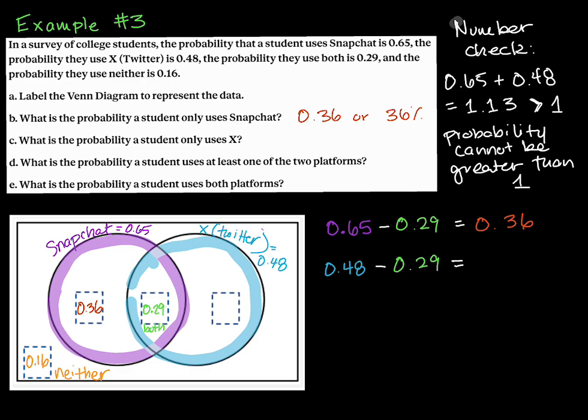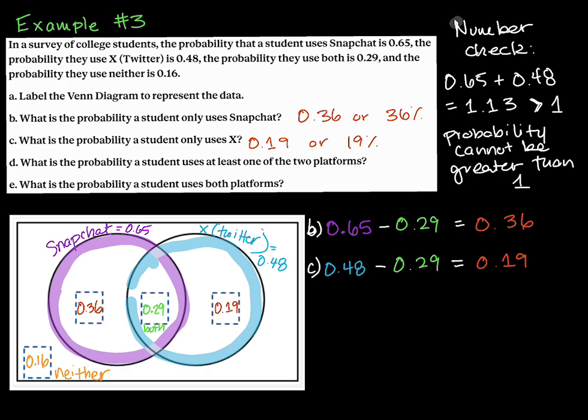So 48 minus 29 is 19, so that's going to be 0.19, or 19%. All right, so this is C.